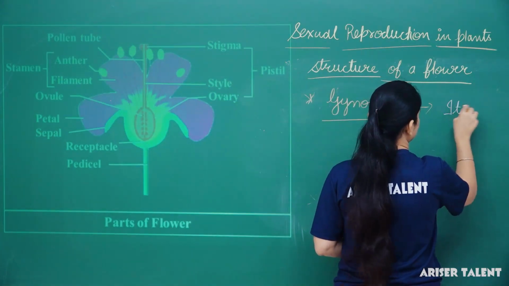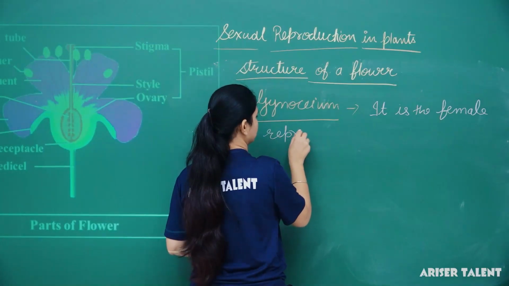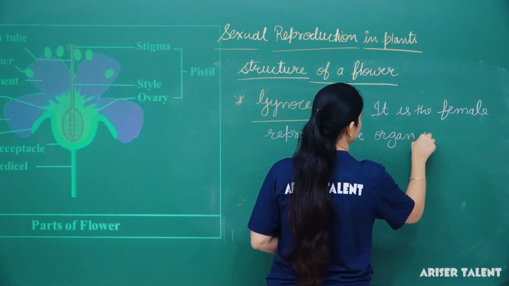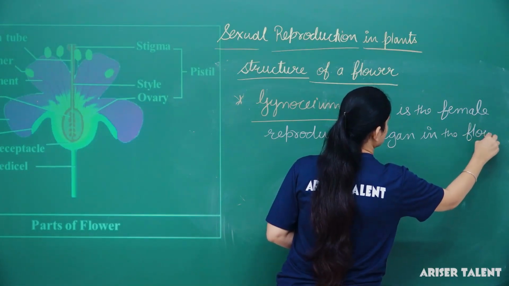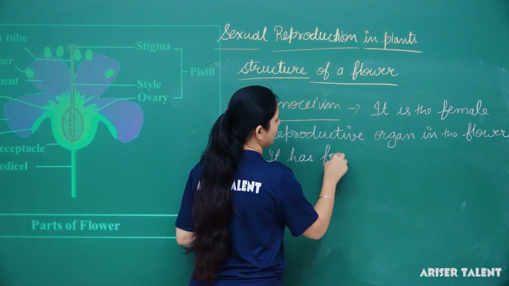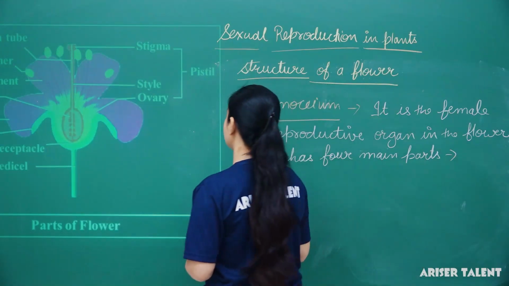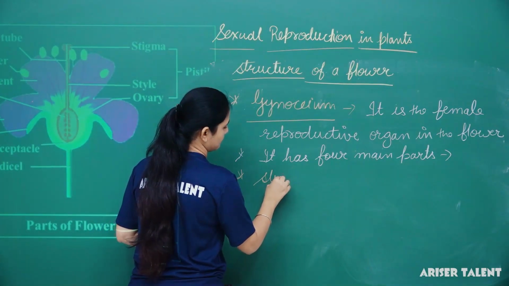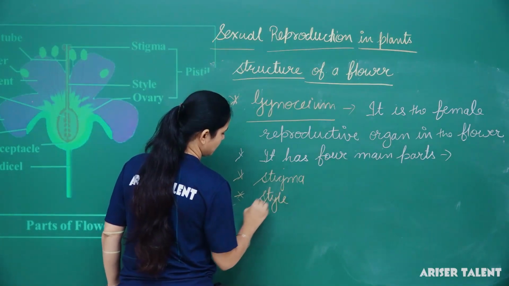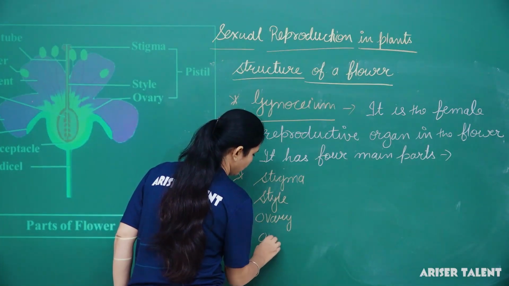It has four main parts. What are they? Stigma, then style, ovary and ovule.